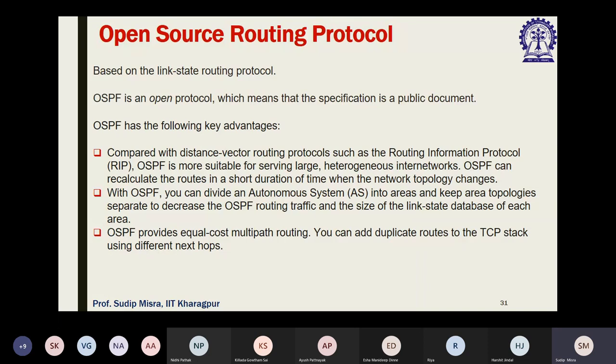Any kind of open standard is more attractive, and that is one of the reasons why OSPF is very attractive. Many of the routers used in the internet follow the OSPF protocol. Which vendor follows which routing protocol is vendor specific. Some vendor may use RIP, another vendor may use OSPF. That depends on the particular vendor and its product.